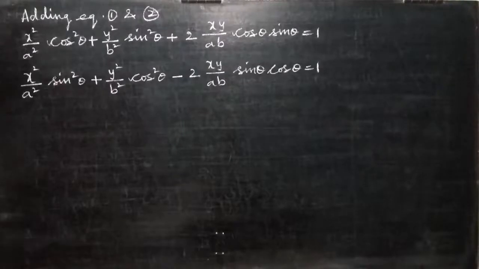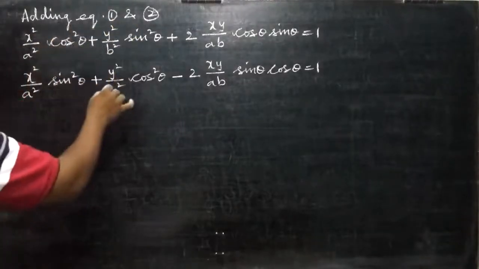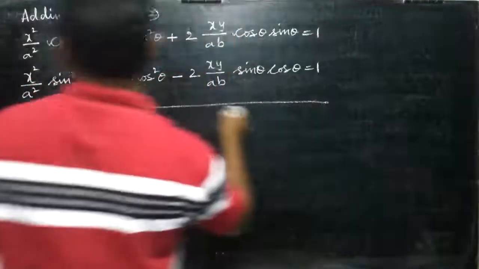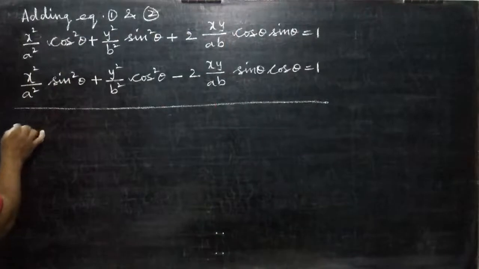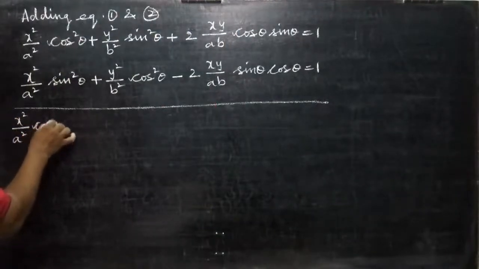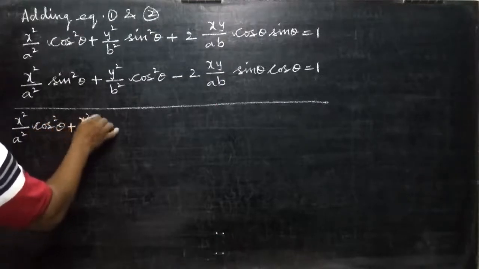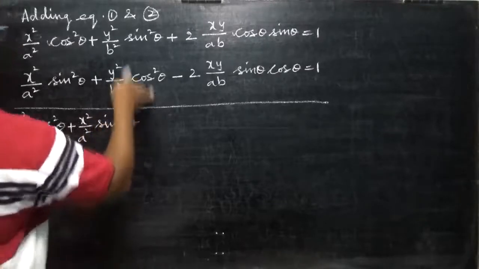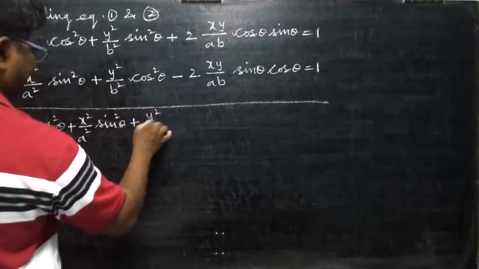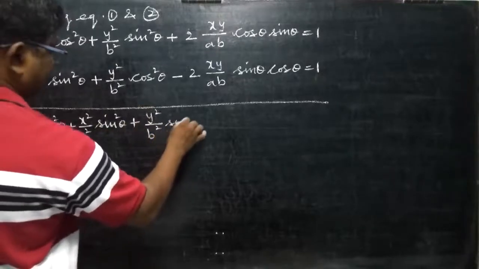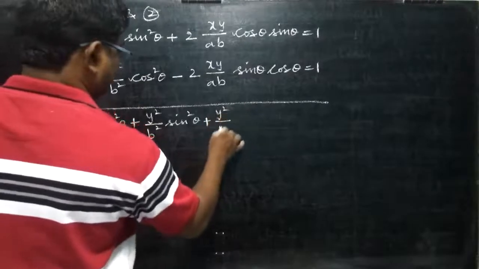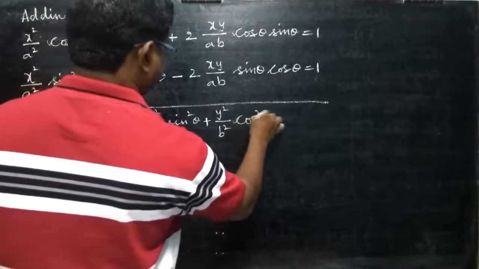Now adding equation 1 and 2. This is equation 1, this is equation 2, we are adding. When we are adding: x square by a square cos square theta plus x square by a square sin square theta, plus come to the second term, y square by b square sin square theta plus y square by b square cos square theta.